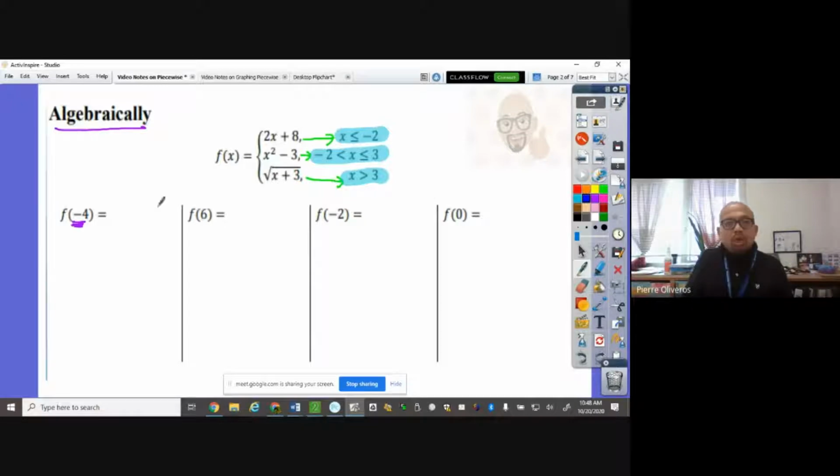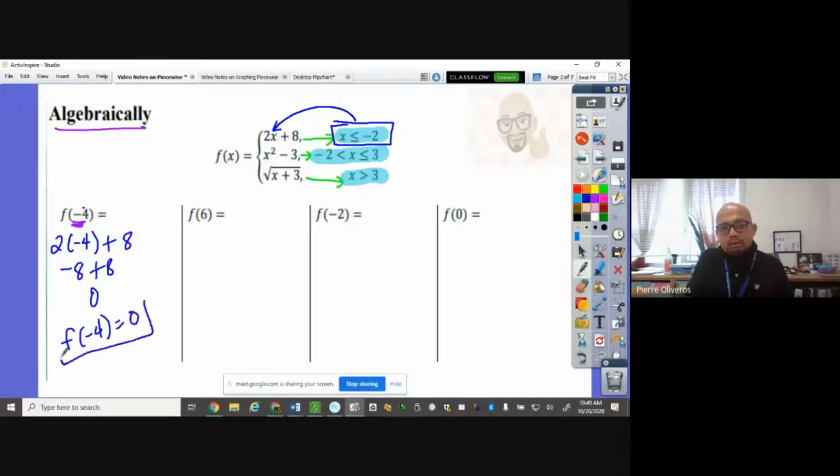That means -4 goes on the first interval. -4 is less than or equal to -2, right? So we plug in the -4 for the x in 2x plus 8. It becomes 2 times -4 plus 8. 2 times -4 is -8, plus 8 gives you 0. So therefore, f of -4 is equal to 0.